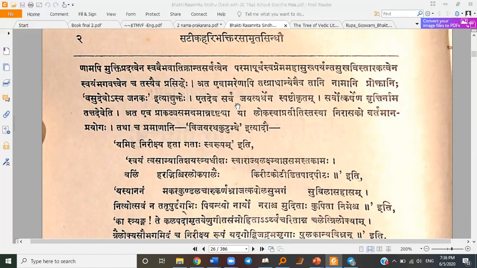Because when we say Jayati, let's say there are 10 people in a battle, and a particular person, let's say Ram, wins the battle.